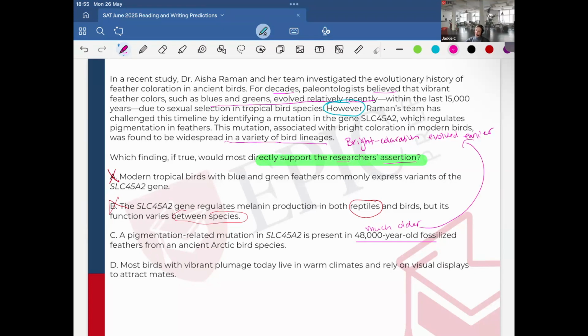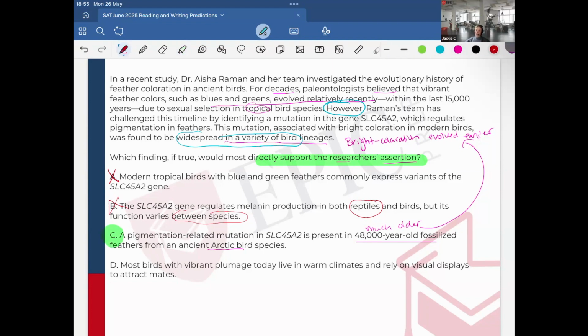Also, it's an Arctic bird species. It's not the tropical bird species mentioned. So that's showing that this gene existed earlier and also elsewhere. So it would be widespread in a variety of bird lineages. So I really like that one. Probably C, but let's see.